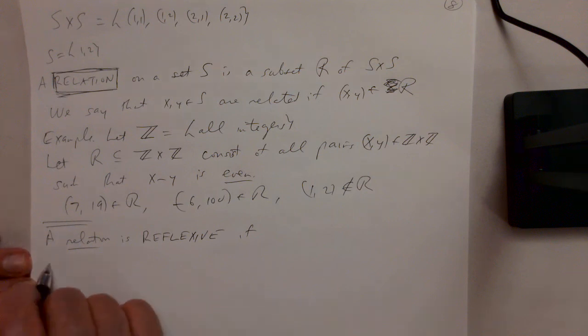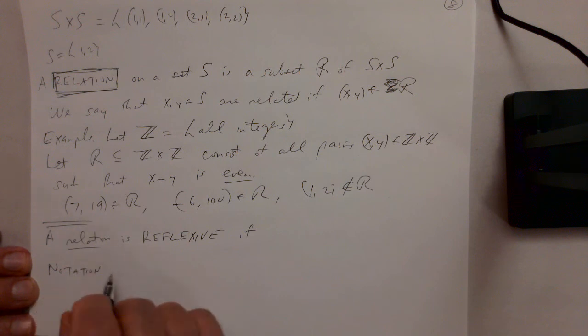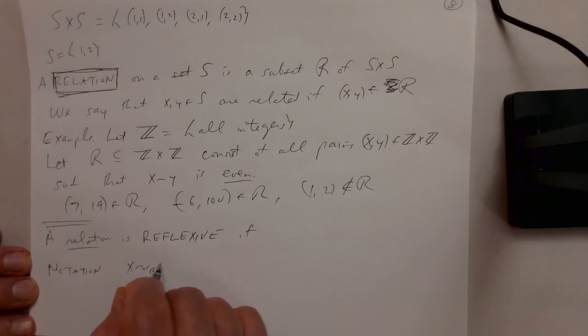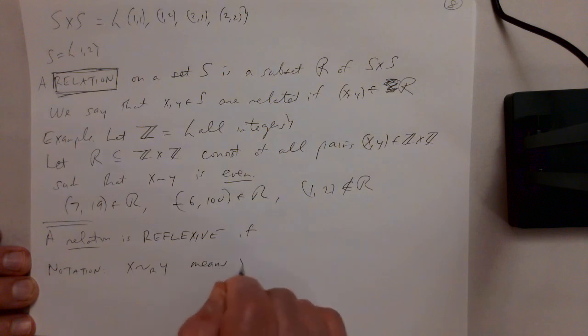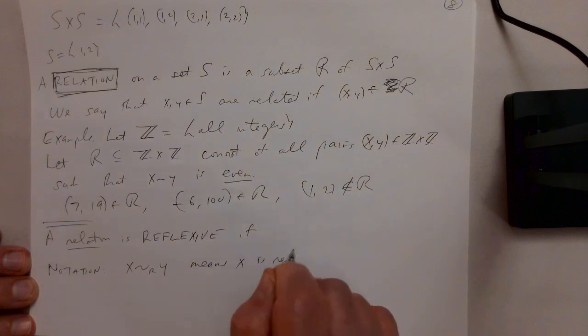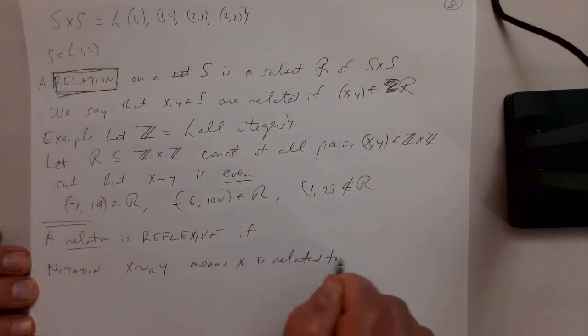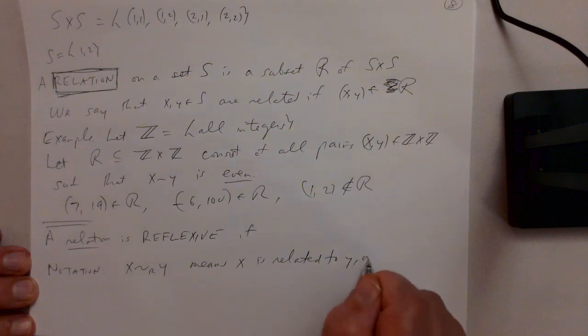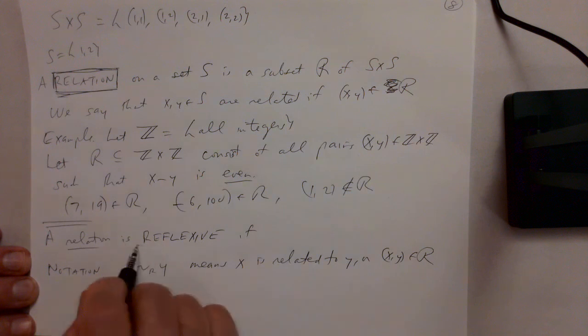Maybe I should just make sure I introduce some notation. So we say that X squiggle Y means X is related to Y, or the pair XY is in the relation.